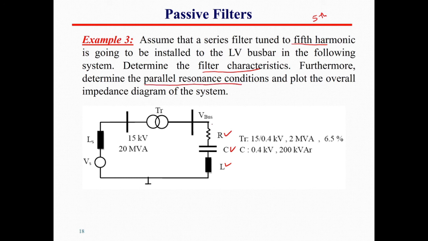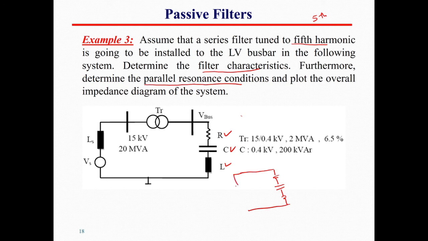So we have over here series resonance, okay, and because we have a transformer with a certain impedance, we have the source with a certain impedance. So for the harmonic order, those will be in parallel, right? So we're gonna have R, this is for the harmonic.